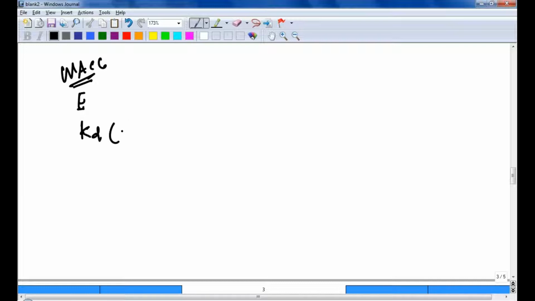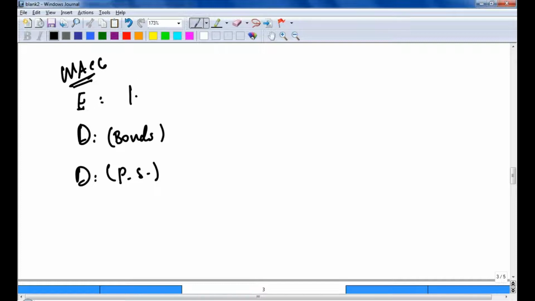WACC: E, D bonds, D preference shares. KD we have already calculated. E is very simple.